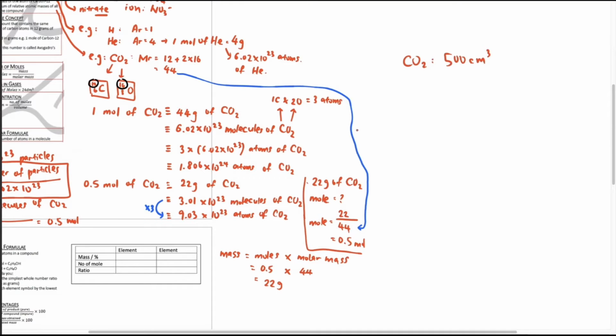So I use the formula mole equals volume over 24. This 24 is for room conditions. Room conditions means 25 degrees Celsius, pressure is 1 atm. So for room conditions, we use 24.